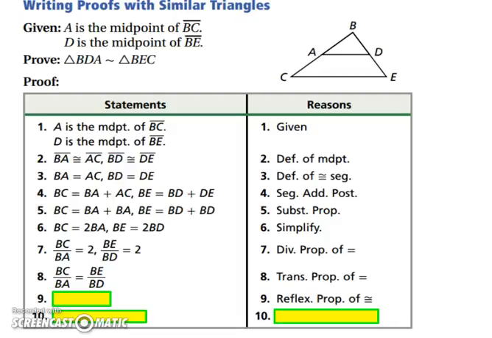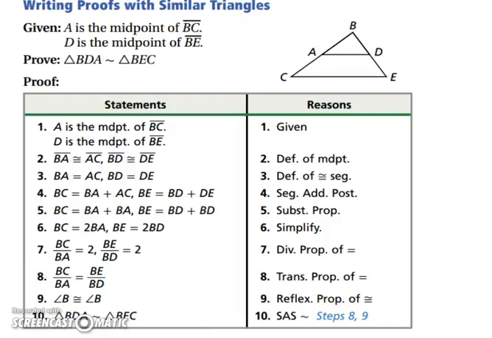Now, the reflexive property has angle B is congruent to angle B. Therefore, our triangles are in fact similar. We have our two sides, and then we have a set of angles. So, therefore, by side angle side similarity, our two triangles are in fact similar.